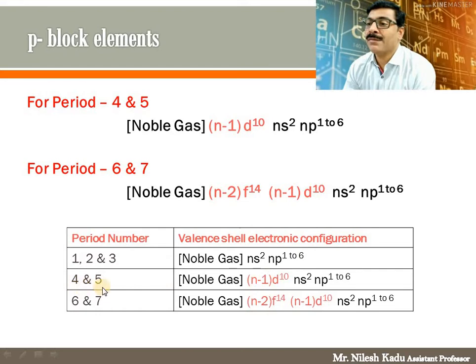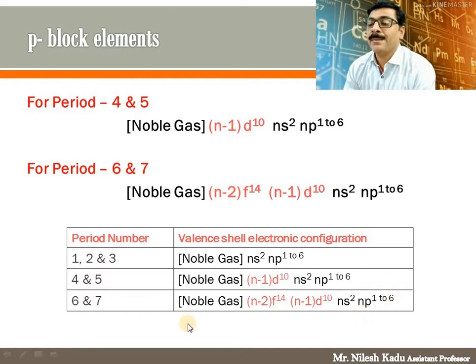Then for fourth and fifth period you mention the noble gas first, then (n-1)d10 orbital, and then ns2 np1 to 6. Then for 6th and 7th period, first the noble gas and then (n-2)f14 and (n-1)d10 orbitals, and then ns2 np1 to 6.